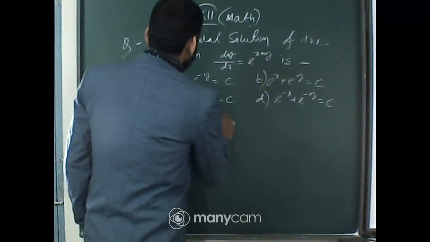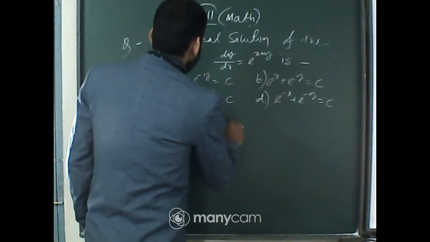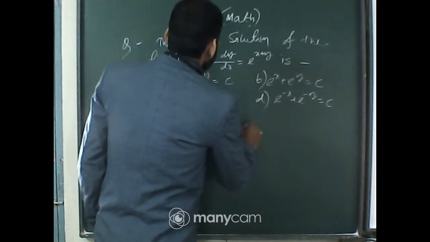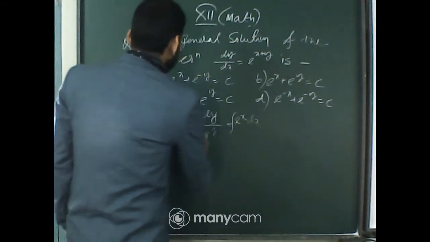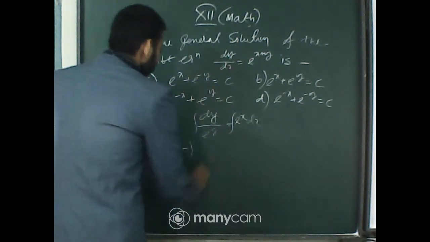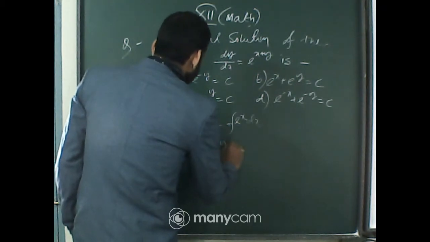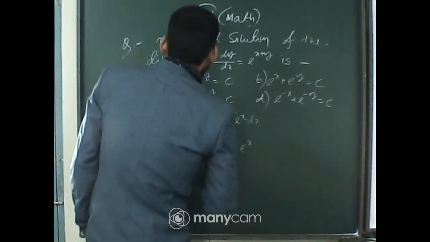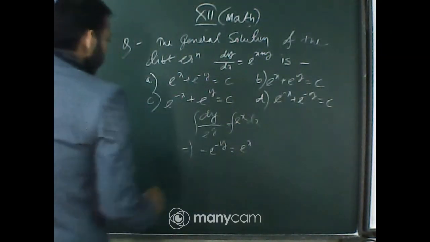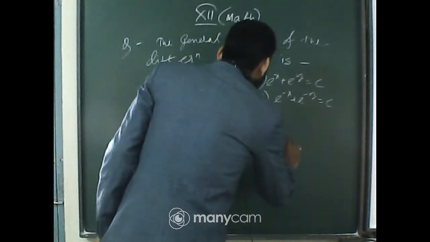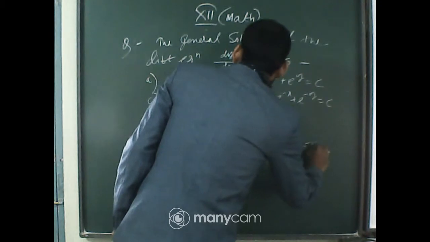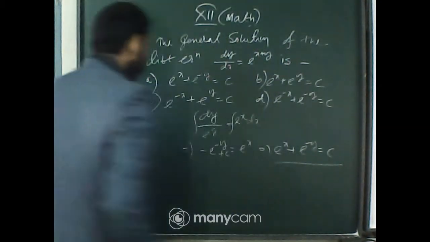dy by e to the power y equals e to the power x dx. So that will give you minus e to the power minus y equals e to the power x. Give it a plus c here. e to the power x plus e to the power minus y equals c.